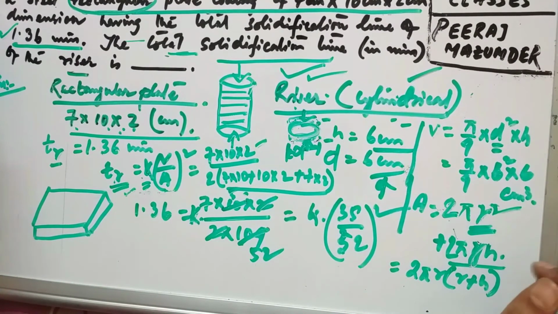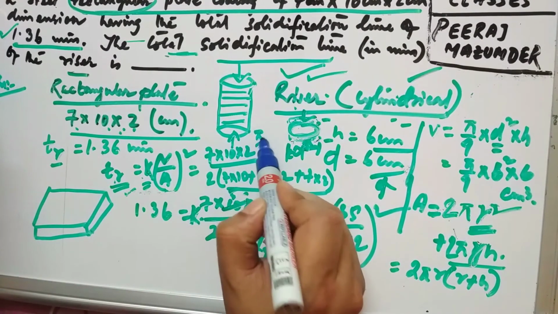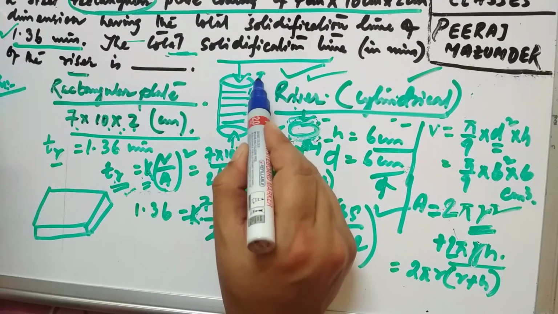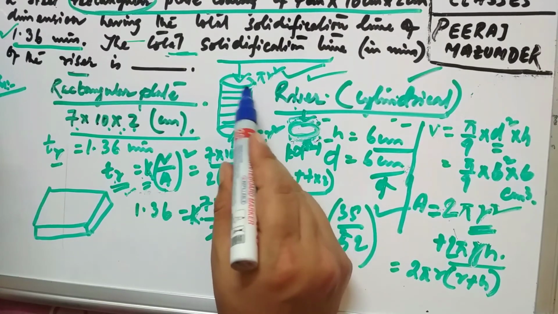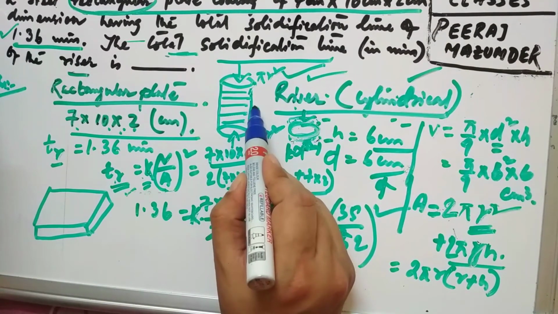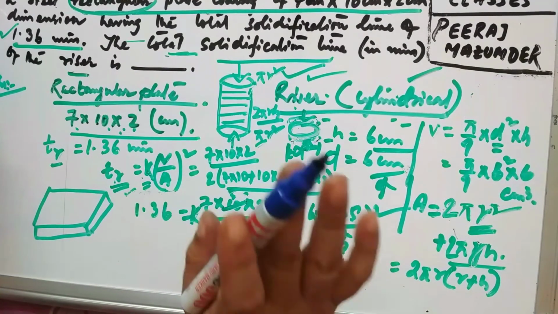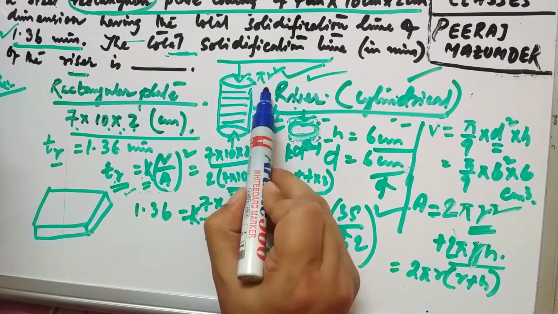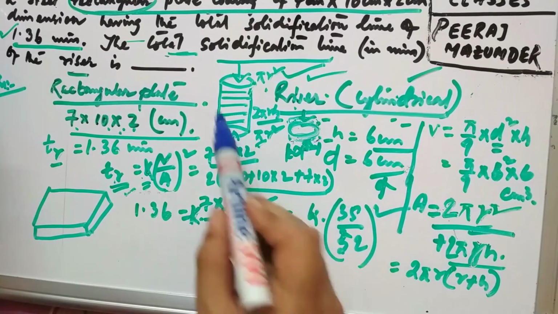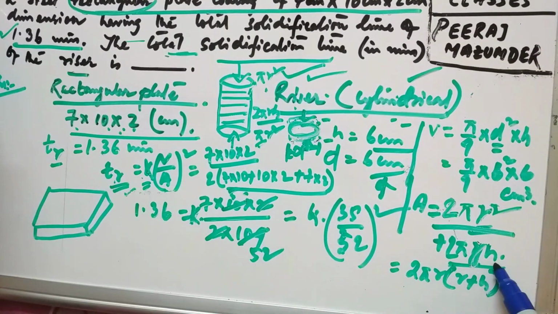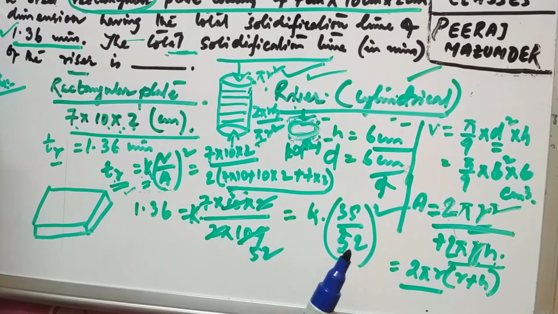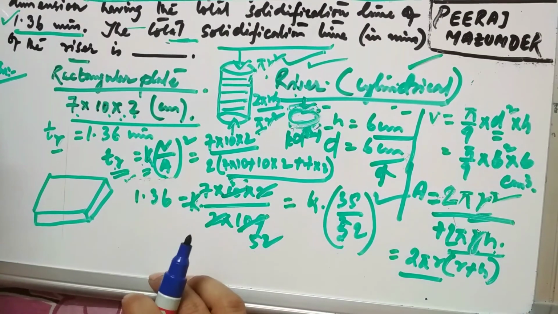So pi r square, this is the pi r square, this is the pi r square, 2 pi r square, and the total side area is 2 pi r into h. Now I think it is clear to you. So pi r square plus pi r square, that is 2 pi r square, and the side surface is 2 pi r into h. Now if you take common 2 pi r, it will be r plus h as well.